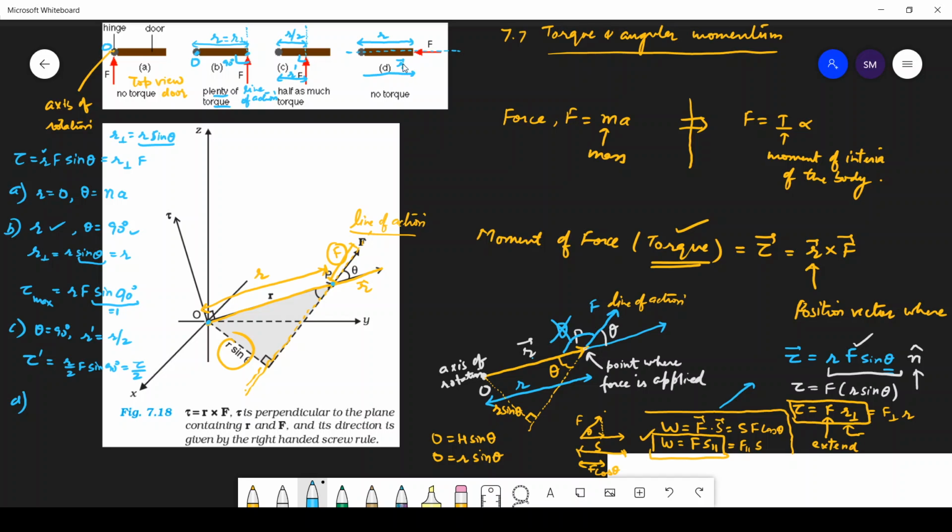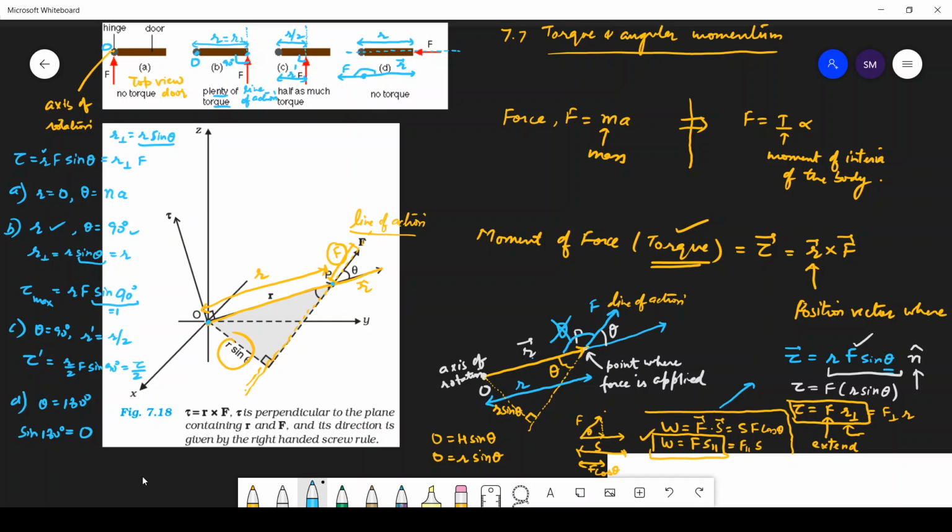This is your R and this is your F. You have to join them from their tails. So this is R and this is the direction of force. So the angle is 180 degrees, so theta is equal to 180 degrees. Again, will the door rotate? No, sir. No, because sine 180 degrees is equal to 0.